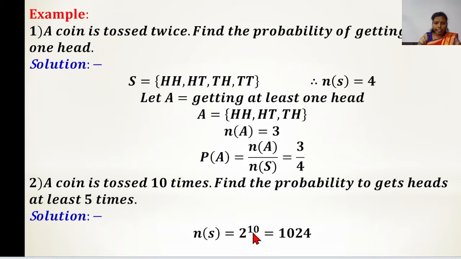Here n is 10, therefore 2 raised to 10 is equal to 1024. Here we cannot list the sample space, hence we use this formula, 2 raised to 10 equals 1024. For such types of examples we can use a binomial distribution.